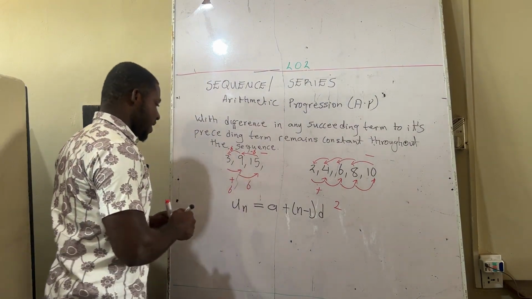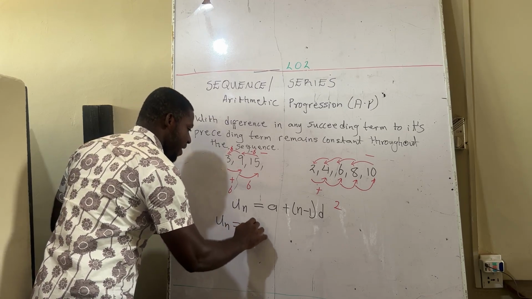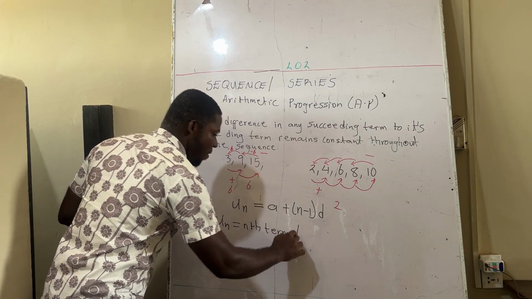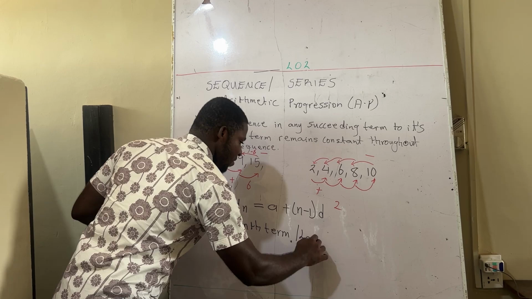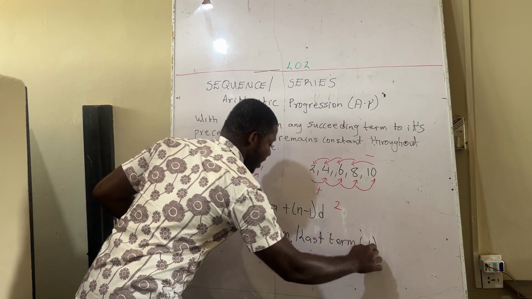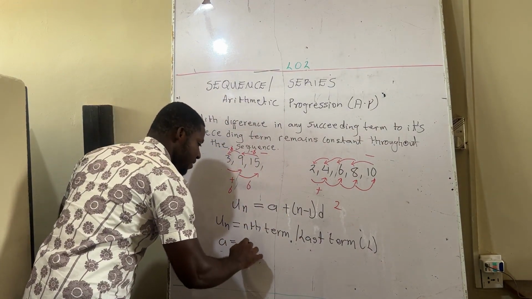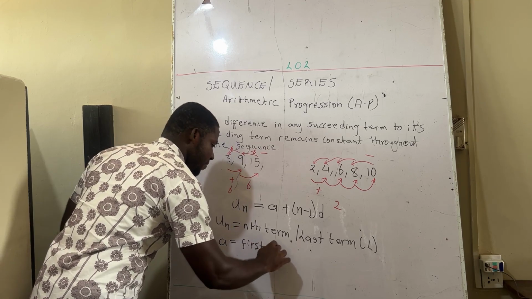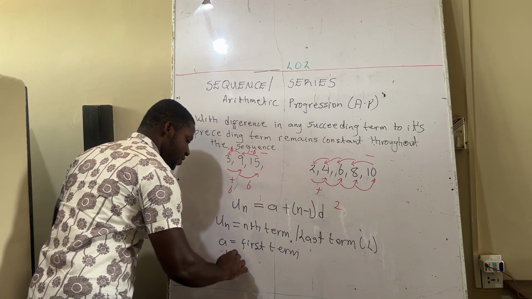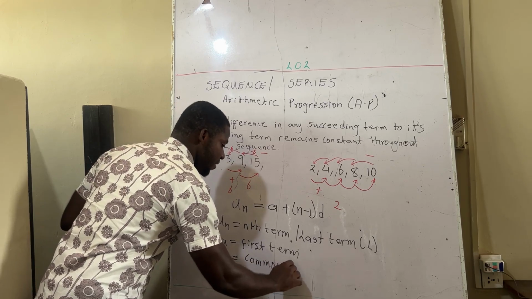Let's define the terms, where Un is equal to the nth term or last term, capital L. a is equal to the first term, and d is equal to, that's the most important aspect, we call it the common difference.